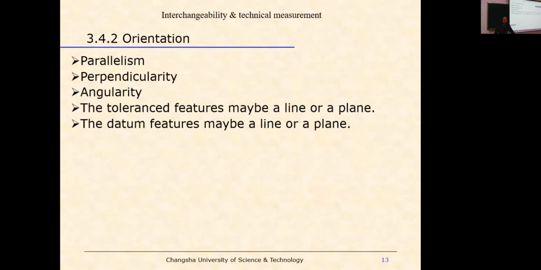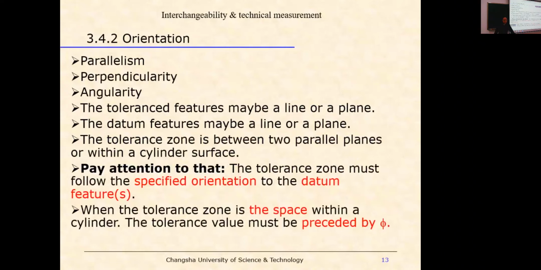The datum features may be a line or a plane. The tolerance zone is between two parallel planes or within a cylinder surface. So pay attention to that. The tolerance zone must follow the specified orientation to the datum features.